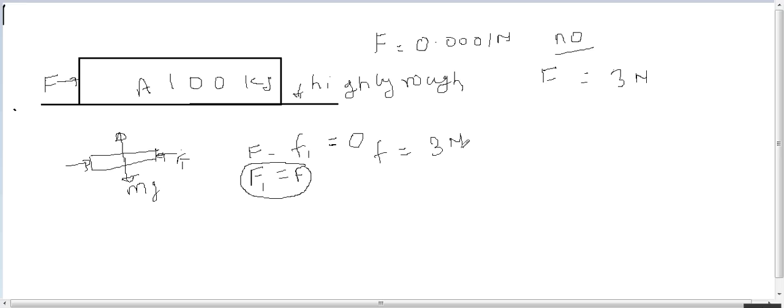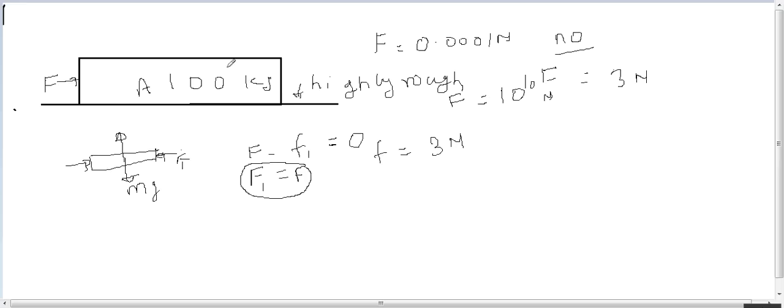Now let's suppose this force is 10 to the power 10 Newton. I have applied this force with a machine which generates a force of 10 to the power 10 Newton. So will this block move or not?